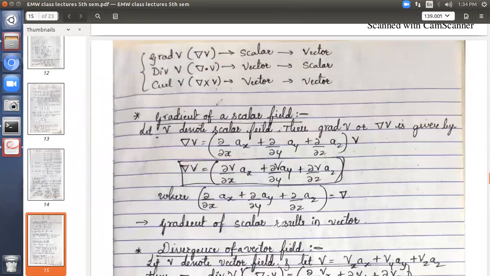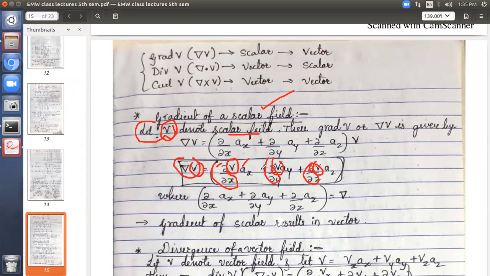What is the equation for each one? First, let's see what is the gradient of a scalar. Let's consider V, capital V, is a scalar field. Then the equation del V is equal to, del is what? Dou by dou x, dou by dou y, dou by dou z is del. If you take it for V, V will be inside, just multiply.